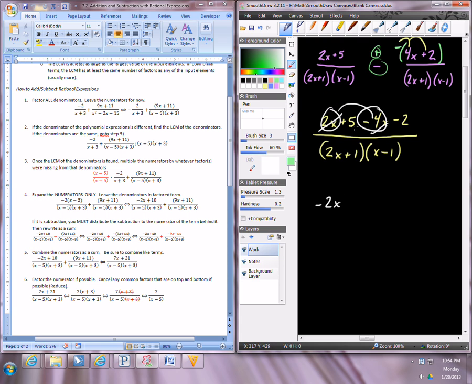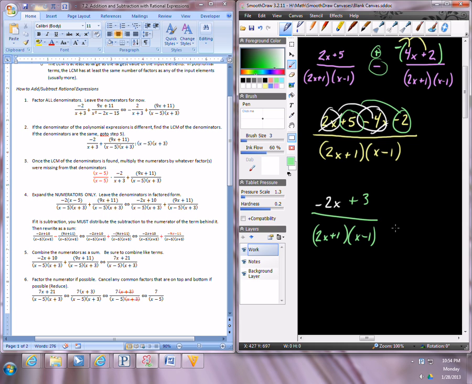Then in green here, I've got the plus 5 and the minus 2. This is going to give me a plus 3, all over 2x plus 1 times x minus 1. Step 6 says factor the numerator if possible. Right now we don't have any common factors in the numerator, and so we're done. This is as far as it went.